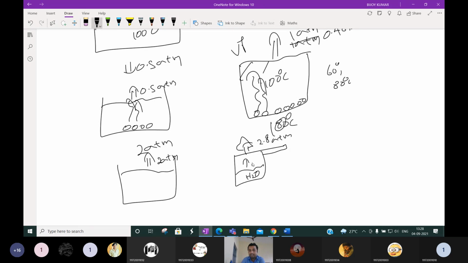So when this pressure is generated, the liquid will change to vapors, and after getting more vapor, it will create a pressure.